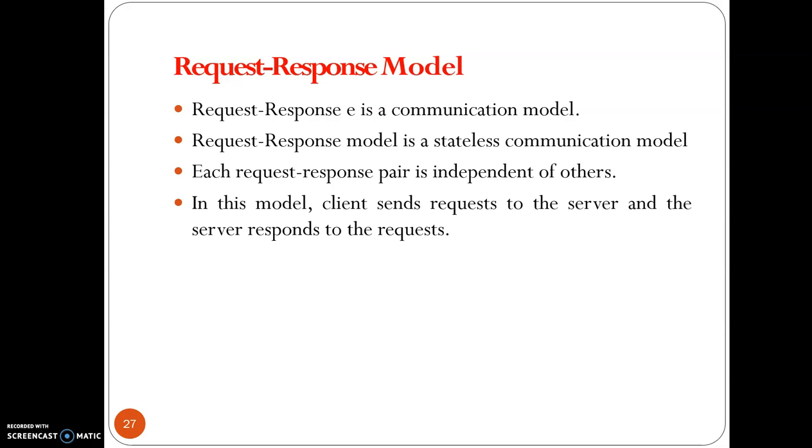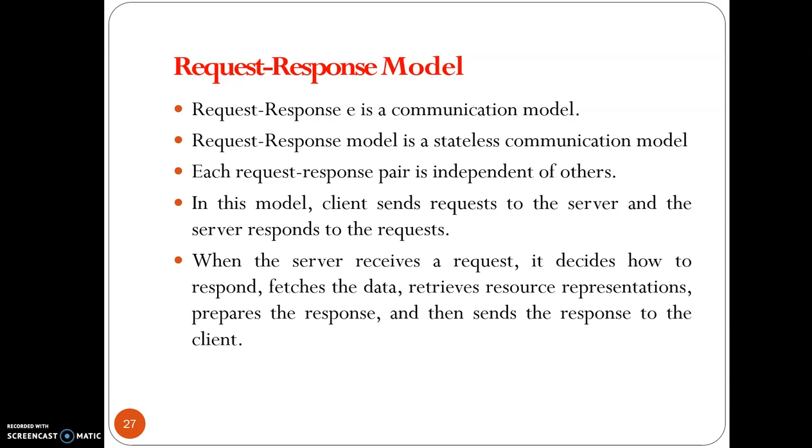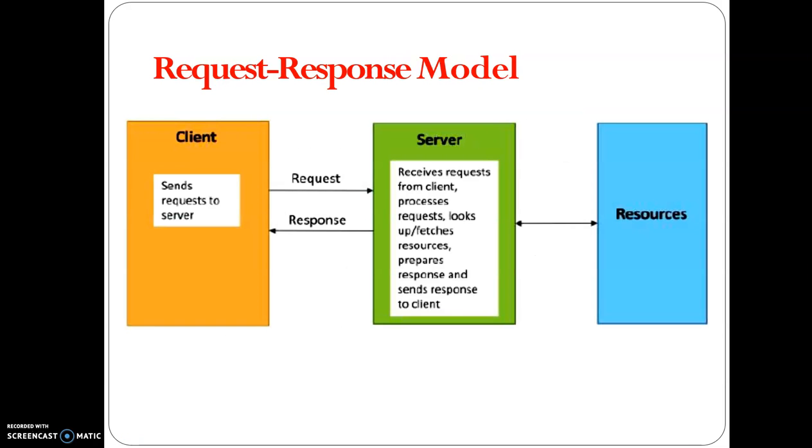In this model, the client sends a request to the server and the server responds to the request. When the server receives a request, it decides how to respond, fetches the data, retrieves the resource representation, prepares the response and then sends the response to the client, and that's why it is called a stateless communication model. The diagram for the same is shown.